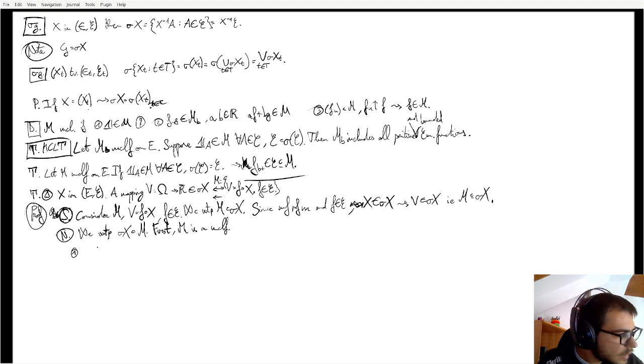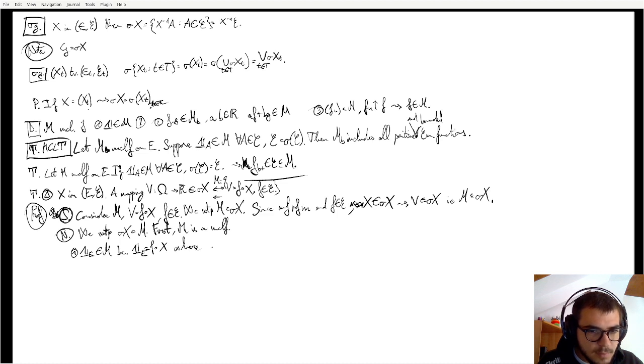And to do this, the indicator of phi belongs to M for any E. Well, because the indicator of the entire set belongs to this because it can be written as f applied to X, where f is the constant function 1, f of X is 1 for any X in E.